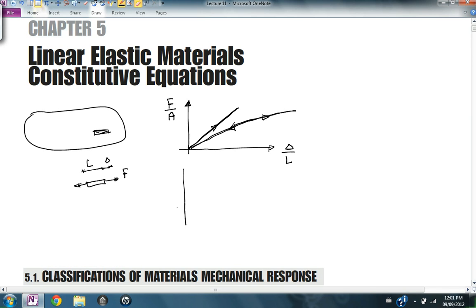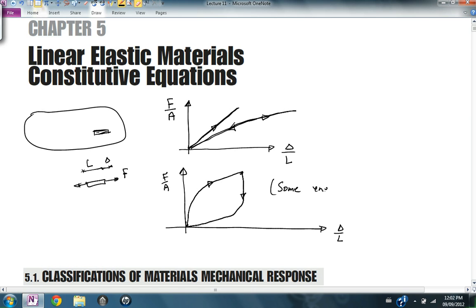And you could have different materials that, as you load, you require a lot of force to increase the displacement, but when you unload, the force drops really fast and you don't need a lot of force to unload the specimen, where here there is some lost energy during loading and unloading.